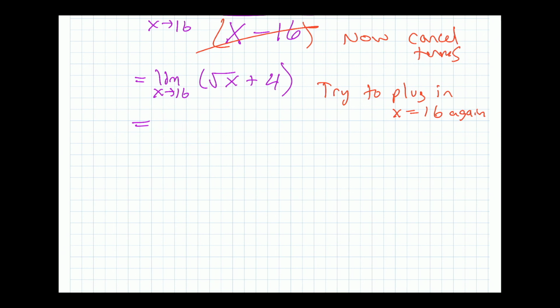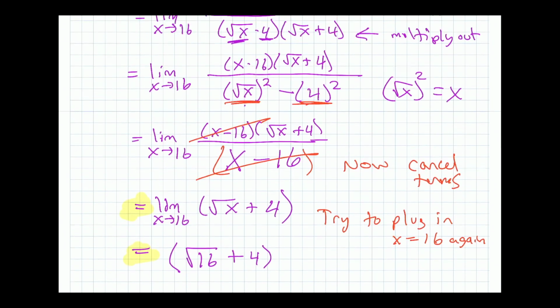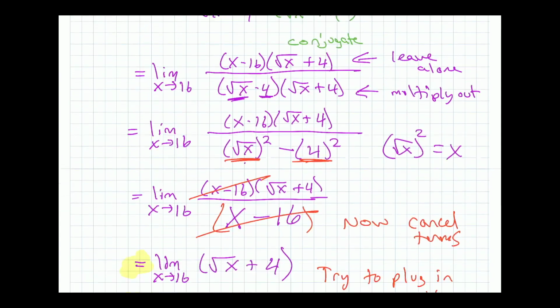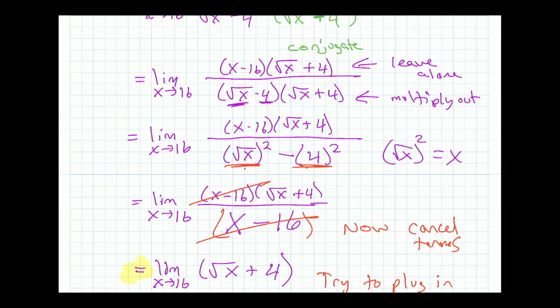So something we haven't talked about in notation yet, but when you plug in the x equals 16, you don't have to write the limit symbol anymore. Right? So notice at this step, I have no limit. But on the previous step, I have to write the limit. I wrote it on every line of work. Right? You need to as well.